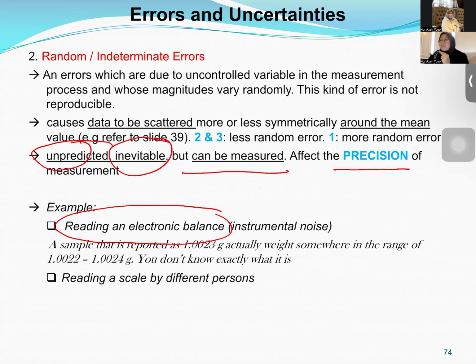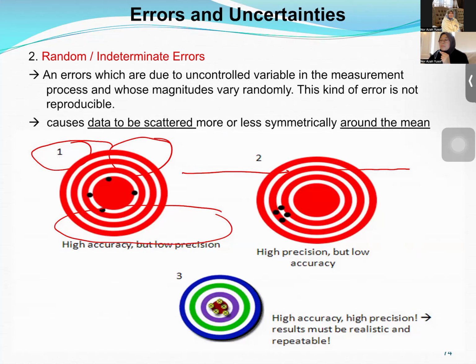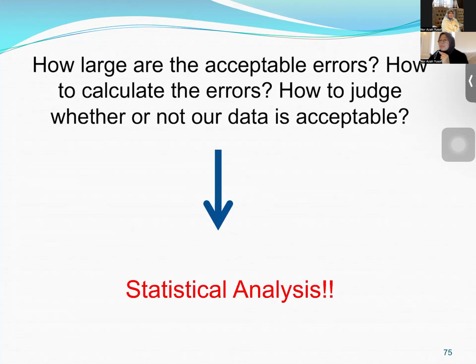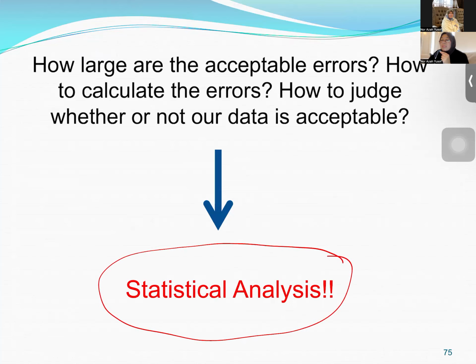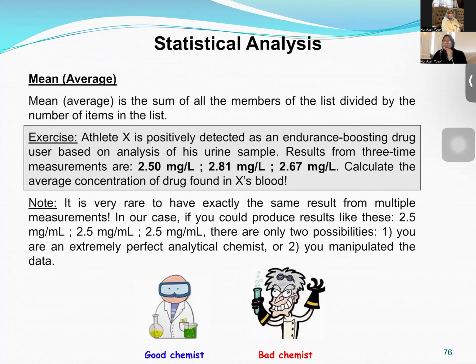So this kind of error has to be treated by using statistics. Statistical analysis helps to counter the indeterminate or random error. All right. So this one, I'm not going to discuss, but this is very, very basic.